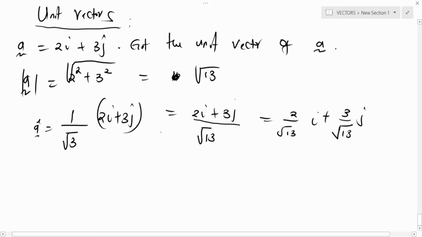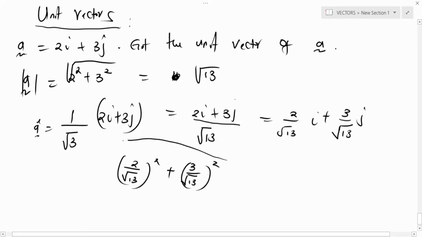And we can confirm it is a unit vector because a unit vector is a vector whose modulus is 1. So if we evaluate the modulus for this, it will be the square root of (2 over root 13) squared plus (3 over root 13) squared. So what does that give?